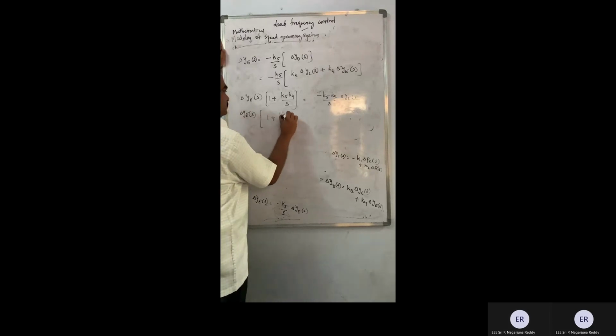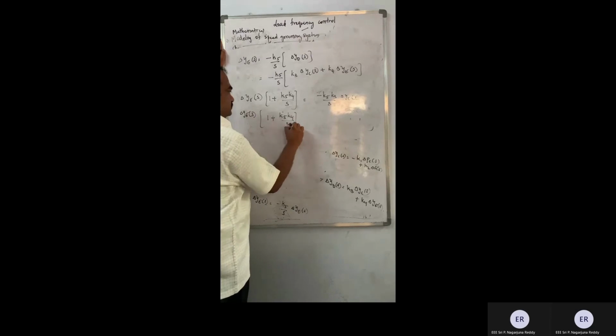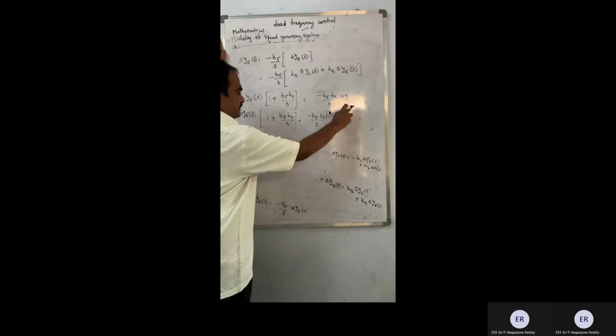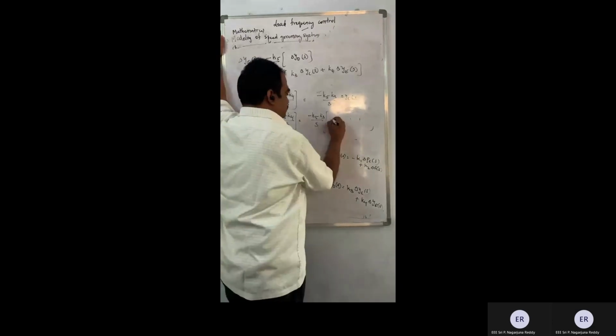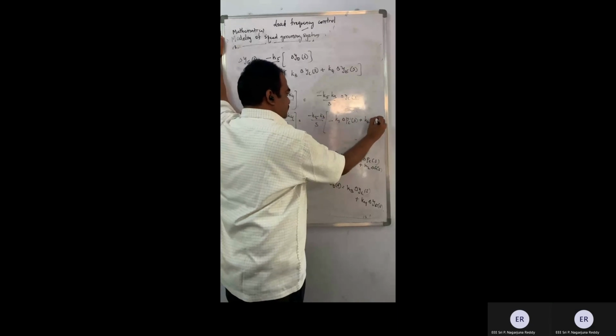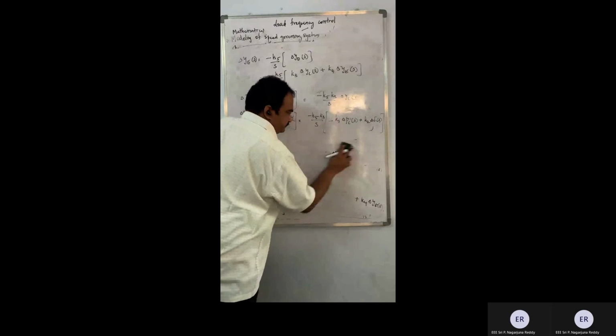Isn't it? Right? Now, what is delta YC of s? I have YC of s here, which is minus K1 delta Pc of s plus K2 delta f of s. So I have employed all these terms, and I am erasing these things.